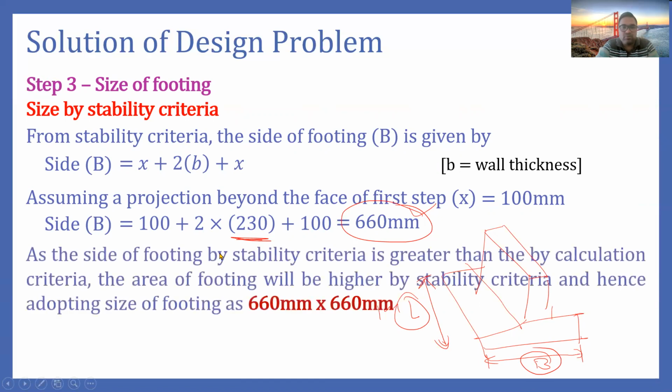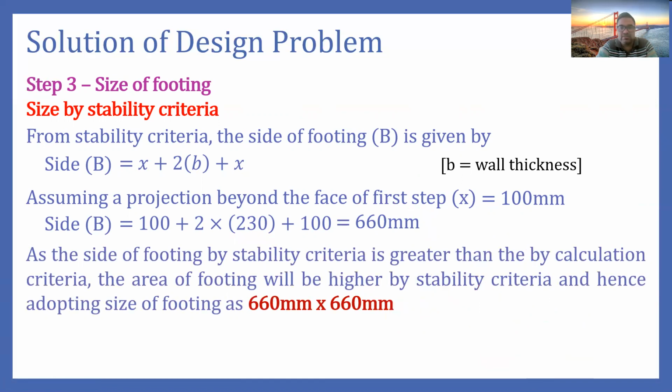So again we will adopt the size of footing as 660. Sorry, it should not be 660 by 660. It should only be 660 mm, because the other dimension is 1 meter, because we are designing for 1 meter length. So it will be 660 mm by 1000 mm, because we are designing for unit length.